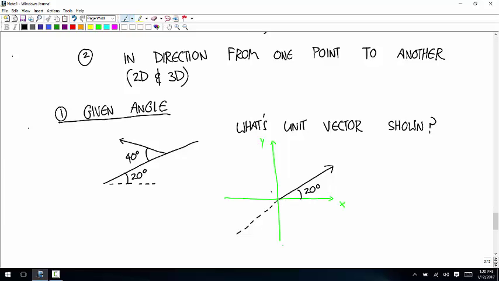And then I know that the vector we want makes a 40-degree angle with the negative of that vector that I just drew. Okay, so this is the one we want.